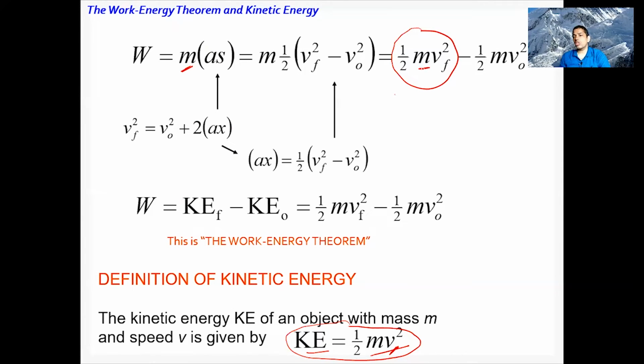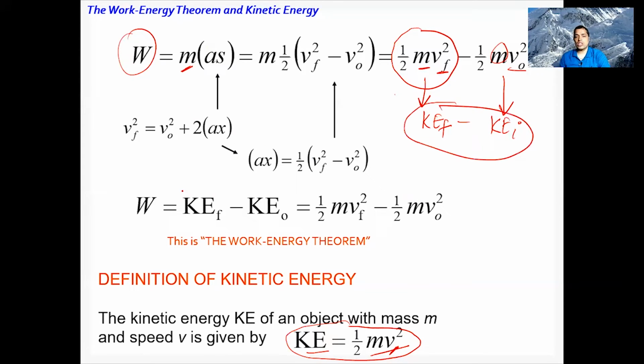Mass does not change. vf, final velocity, that's why KEf. This is final kinetic energy. Mass does not change. v0, initial velocity, that's why this is initial kinetic energy. Okay, so that's why work and kinetic energy are related like this. So work is related to change in kinetic energy. Okay, that's called the work energy theorem.